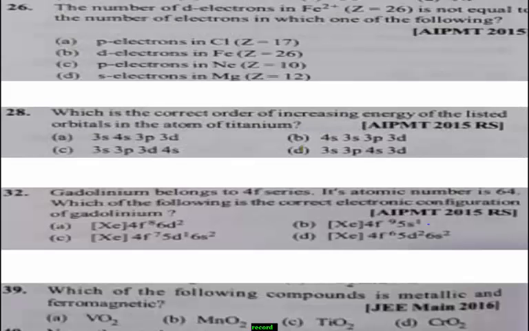Question number 26. Try the question. Number of d electrons in Fe2+. Fe atomic number is 26. The number of d electrons in Fe2+ is not equal to the number of electrons in which one of the following.